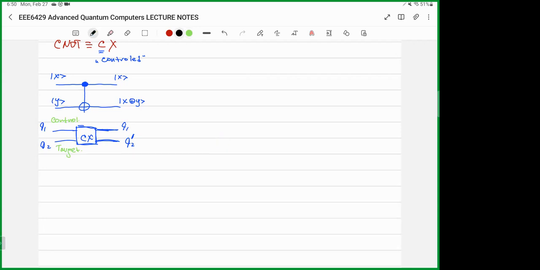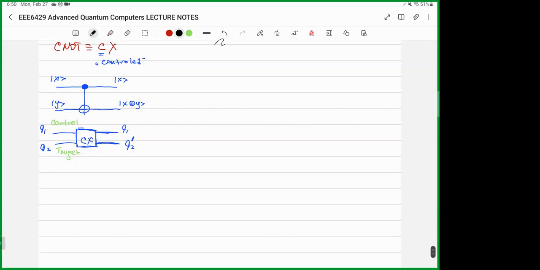So let's build the truth table. We have two qubits: the control qubit, the target qubit, and an output of the target one, so this is Q2 prime.